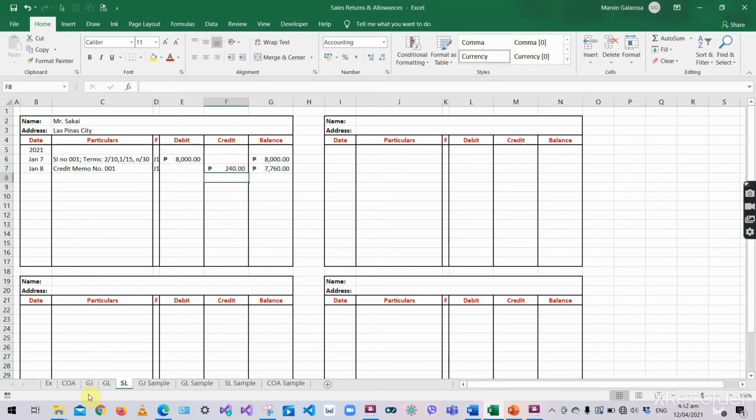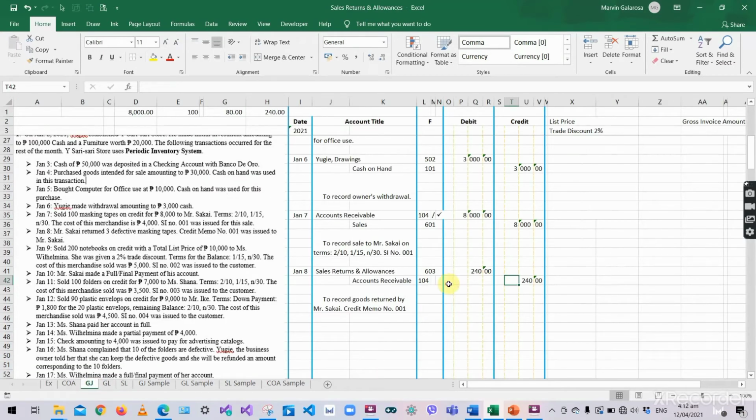So, once na done ka na sa pag-post ng subsidiary ledger, going back sa general journal, mula dun sa folio column sa accounts receivable, katapat, 104/check. That indicates na maliban sa na-post mo siya sa general ledger, na-post mo na rin siya sa subsidiary ledger.